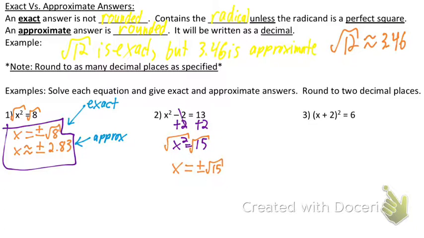Now, when you're trying to measure something, is the square root of 15 very helpful for measurements? Probably not. So it's going to be more helpful to have the approximate here. So x is approximately positive or negative. Type it in your calculator, round it to 2 decimal places. No blurting here. Go ahead and write down what you get.